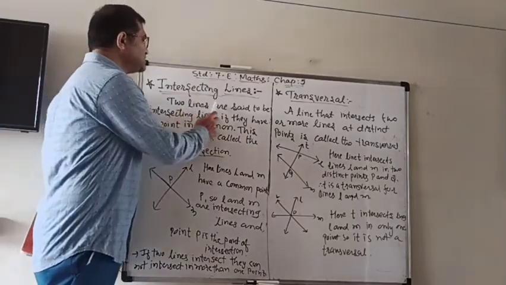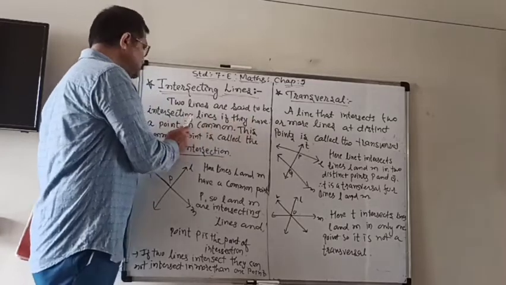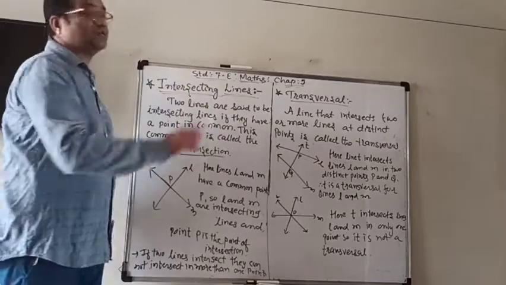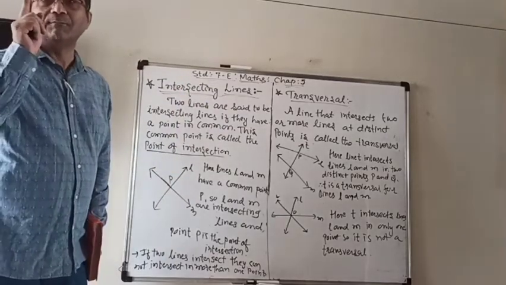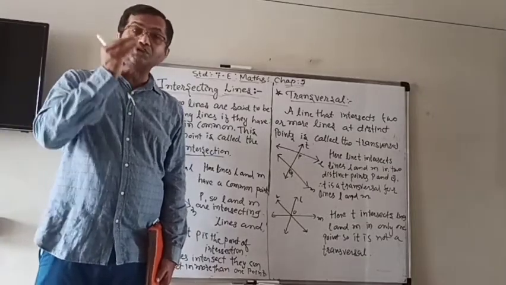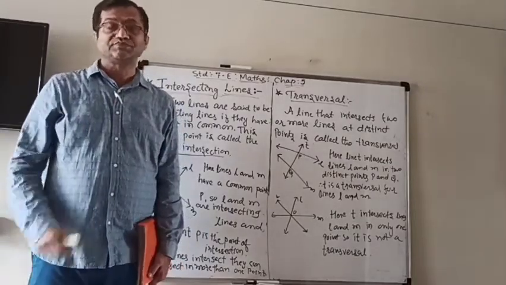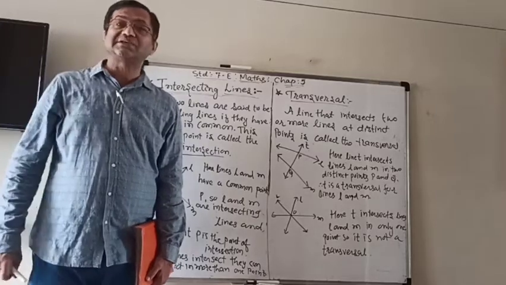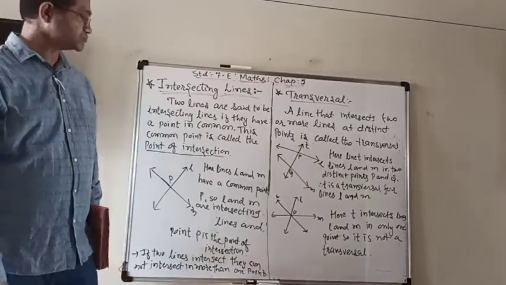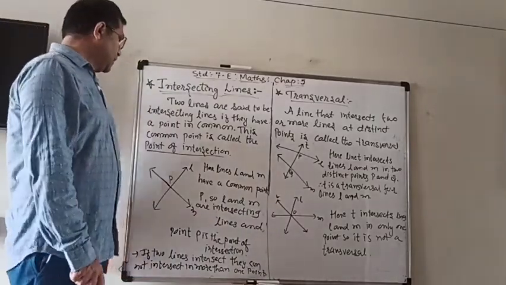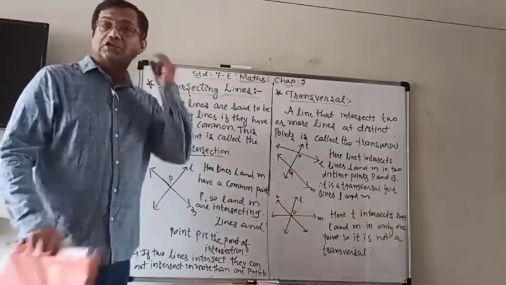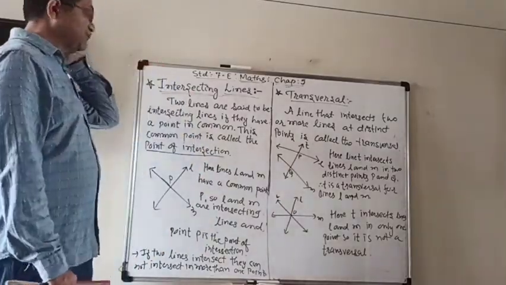So two lines are said to be intersecting lines if they have a point in common. They must have a common point, which will lie on both of the lines. Then those two lines are said to be intersecting lines. And that common point is known as the point of intersection.